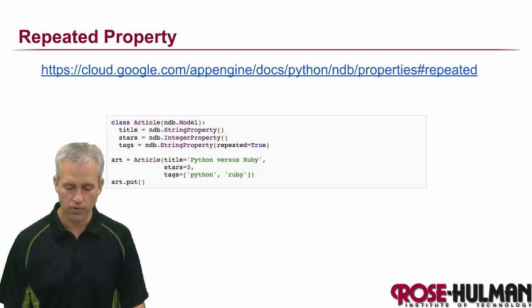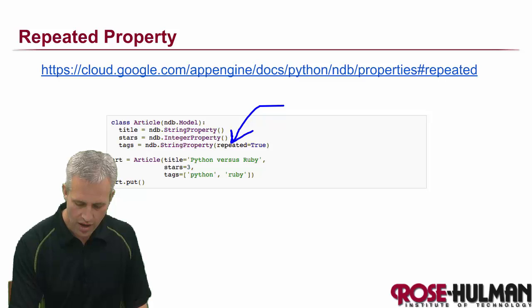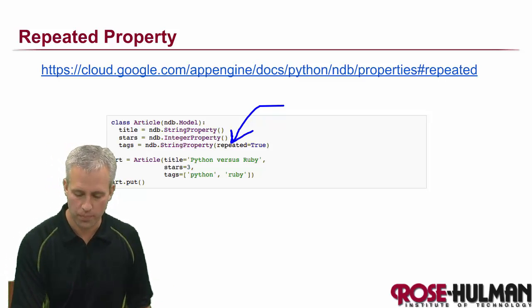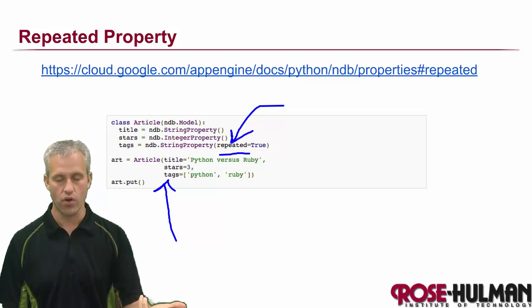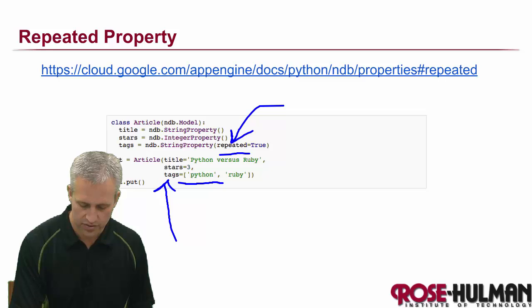Here's a simple example. Here's a string property, and they chose to throw in the option of repeated equals true. Once you throw in repeated equals true, the way you set it from now on is not with a single thing, but with a list.